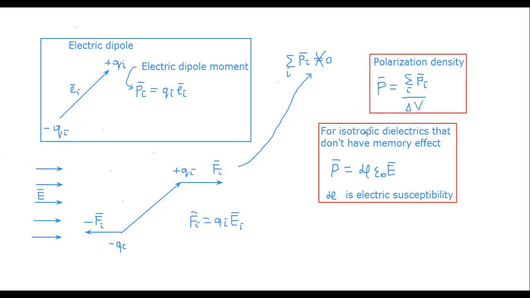For dielectrics that are not isotropic, it is necessary to use a three-dimensional matrix instead of a simple number.